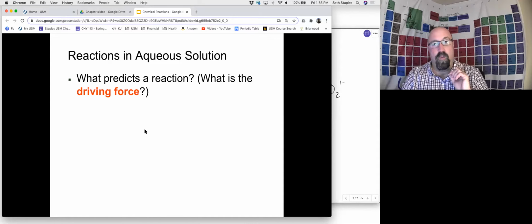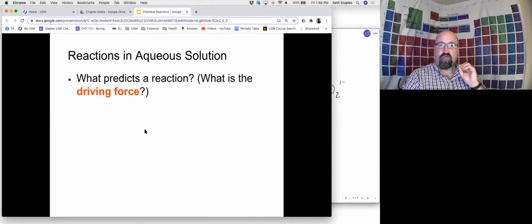And so our last subject for this lecture is to start looking at one of the driving forces behind a reaction. So when we're looking at a chemical reaction, one of the things that we need to ask ourselves is if we take these two reactants and place them together into a vessel of some sort, are they even going to react with each other? There's nothing to guarantee that a chemical reaction is going to take place. There has to be something that's going to drive that reaction to even occur.